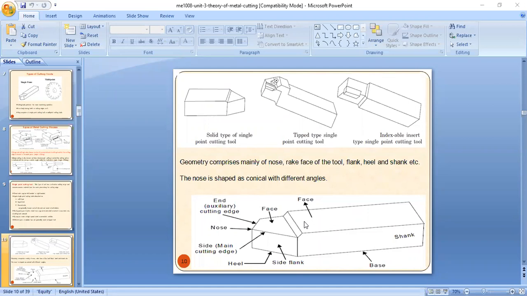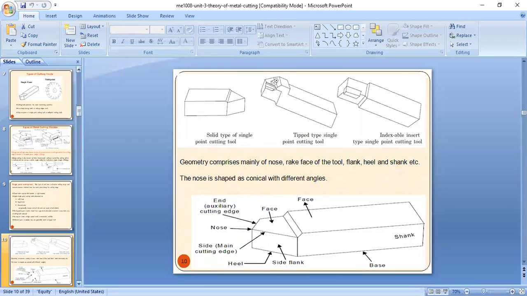As far as the tool cutting edge is concerned, we have the face and the side flank, and we have two types of cutting edges. One is the side cutting edge, that is the main cutting edge. The other is the end cutting edge, also known as the auxiliary cutting edge. That is the single point cutting tool.